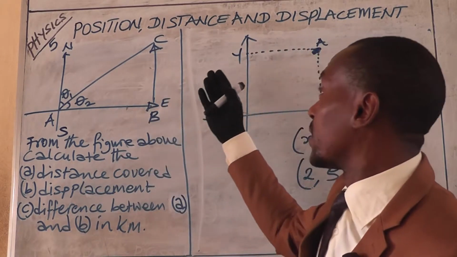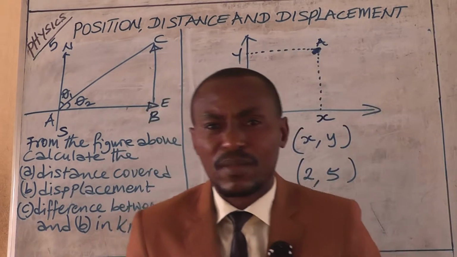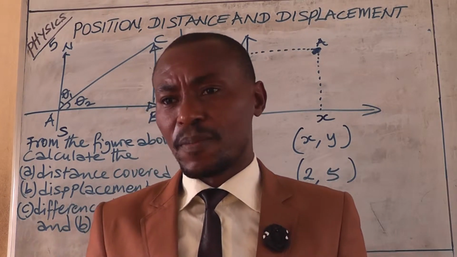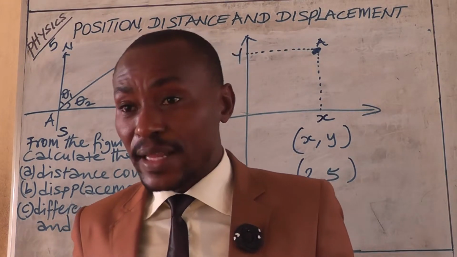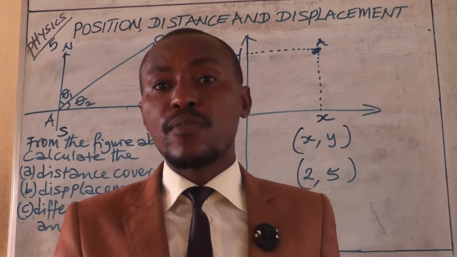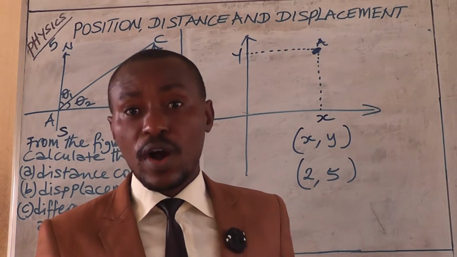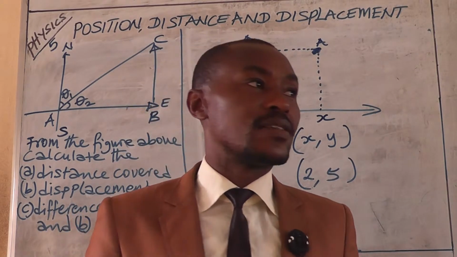Let's quickly look at distance. What is distance? In physics, distance is the length covered by a moving object. If you measure the length covered by a moving object, what you have, we call it distance.